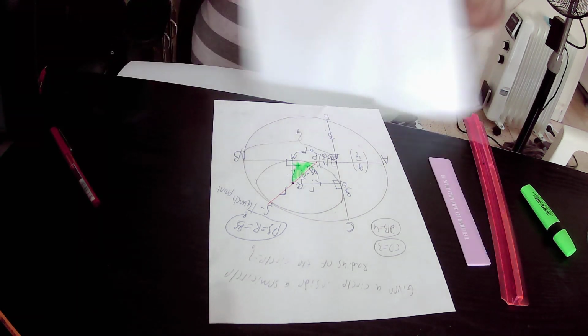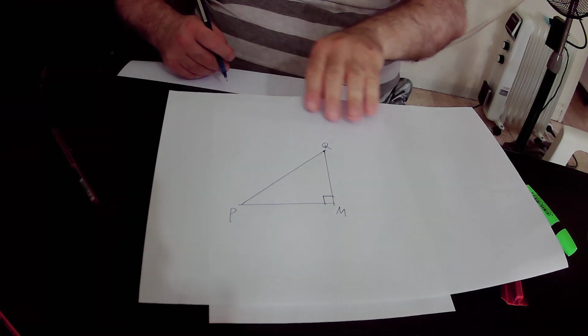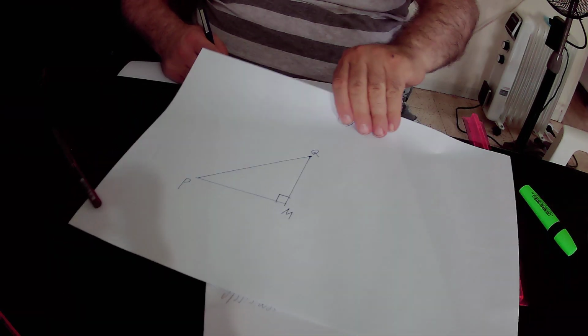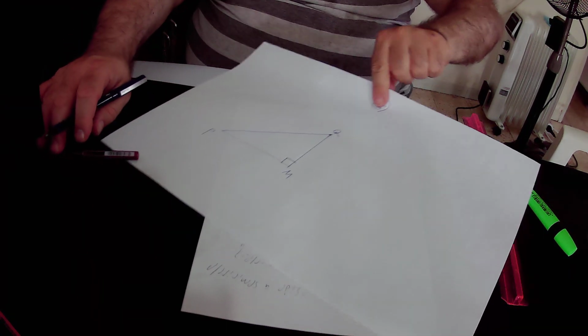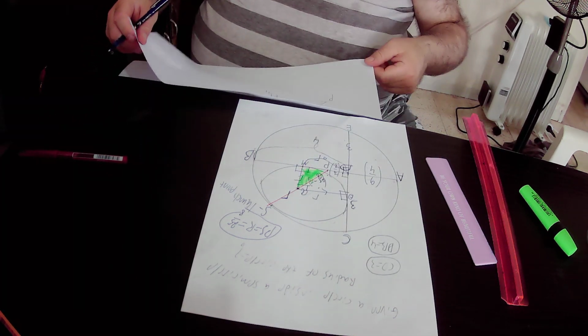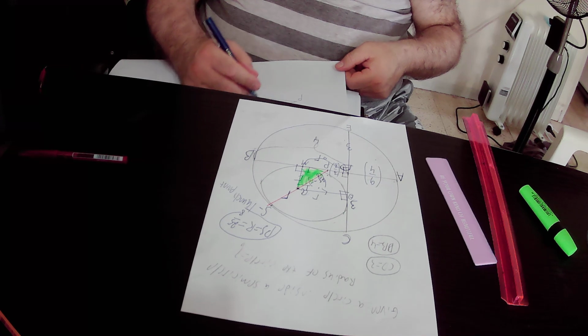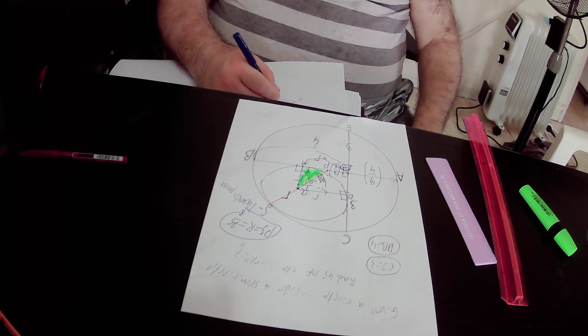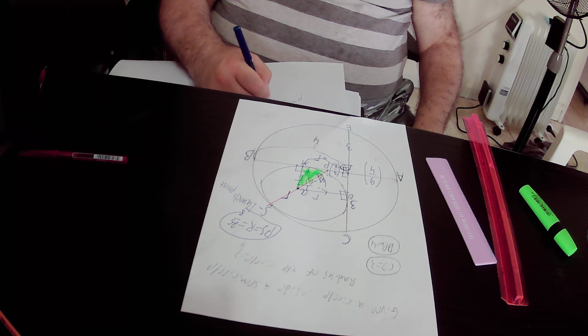This is the right triangle QPM that I copied from the original drawing. And here we have already found out that the hypotenuse PQ is equal to 25 over 8 minus small r.